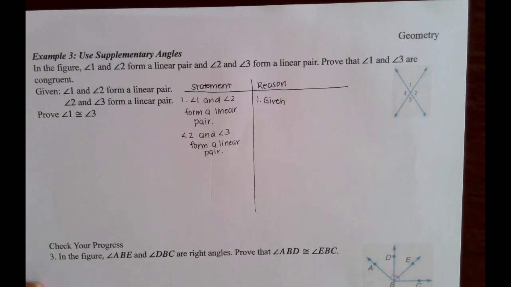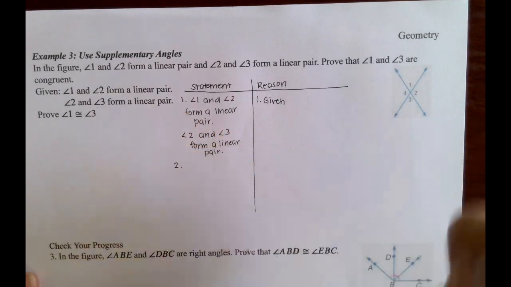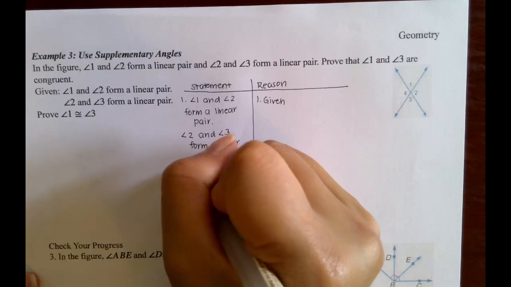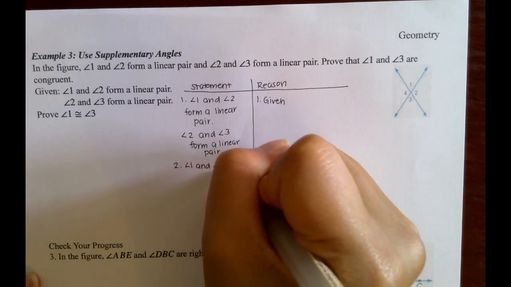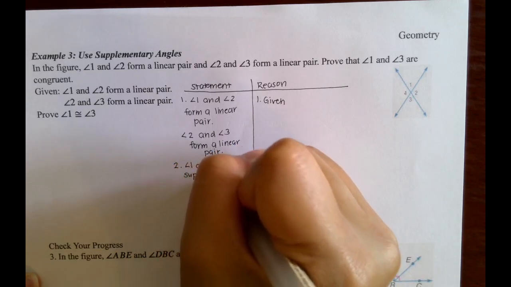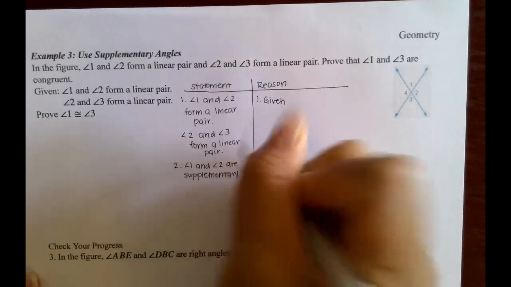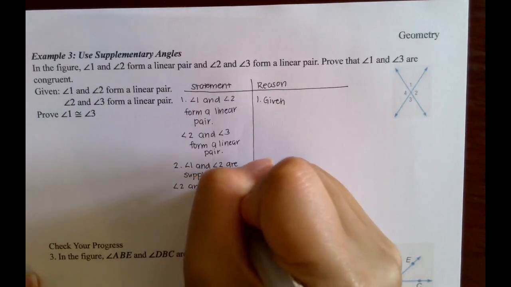Then step 2, what I know then is angle 1 and 2 are supplementary. And angle 2 and angle 3 are supplementary.